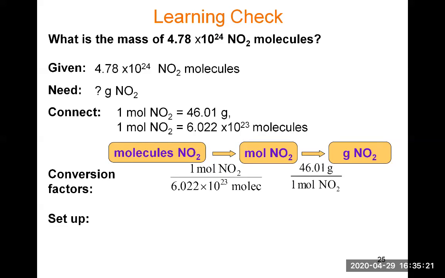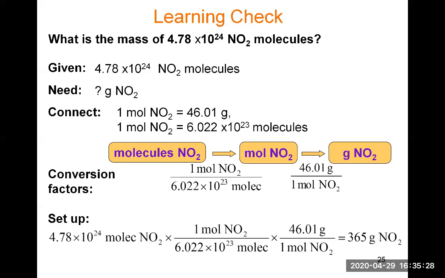So writing the whole calculation, starting with the given amount: 4.78 times 10 to the 24th molecules of NO2, times the first conversion factor, such that the Avogadro number of molecules is on the bottom. So molecules cancel, and the moles of NO2 are on top.